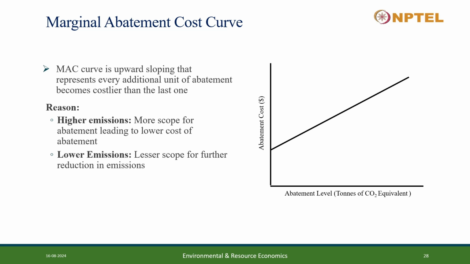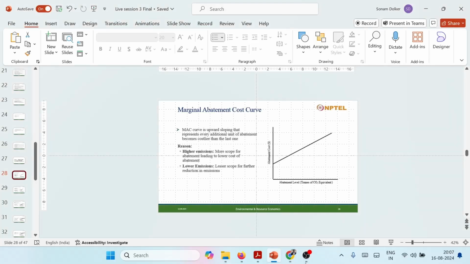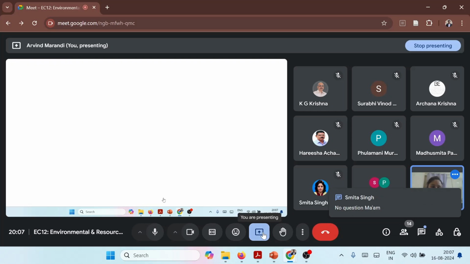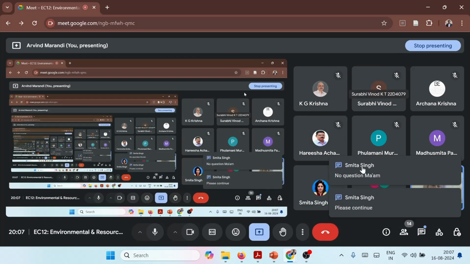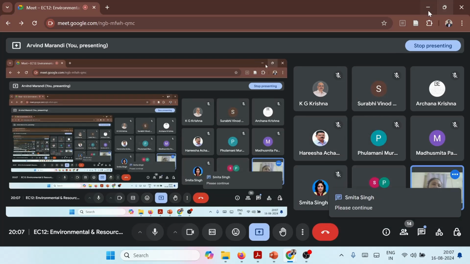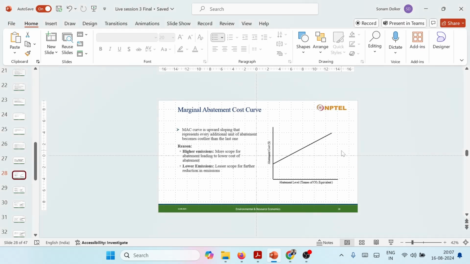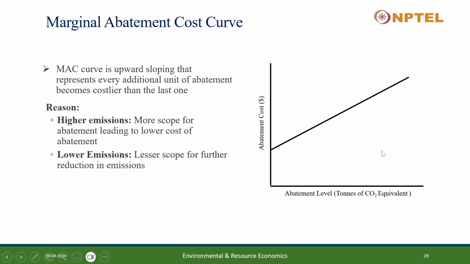Now, what is marginal abatement cost curve? Okay. So here, what we are trying to learn is what is marginal abatement cost?